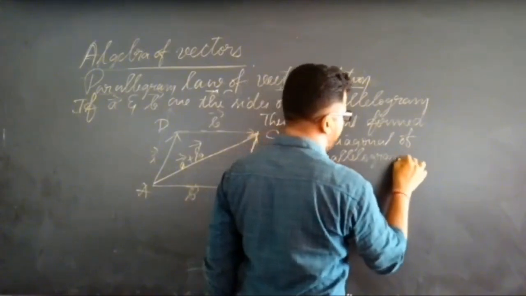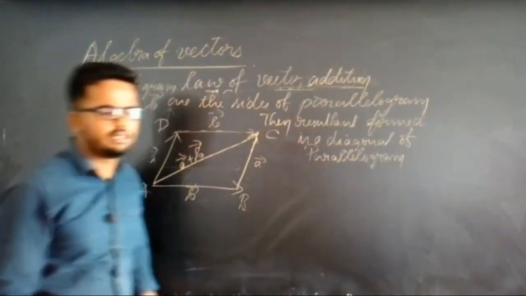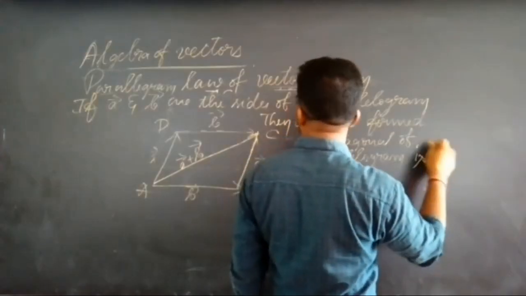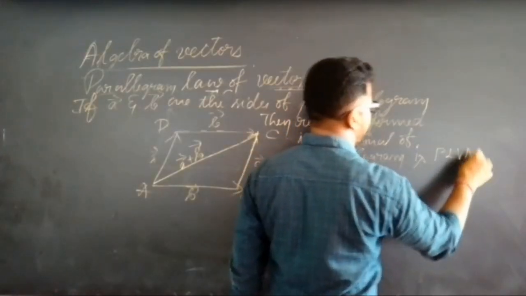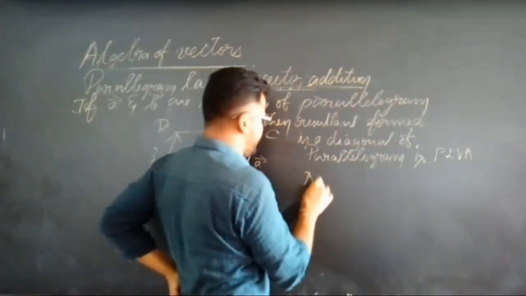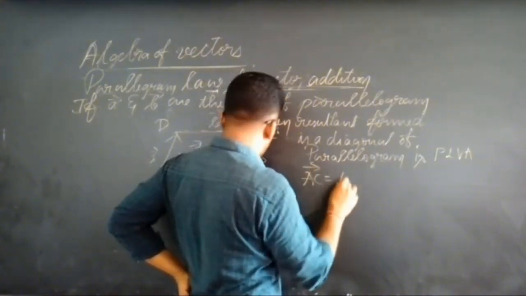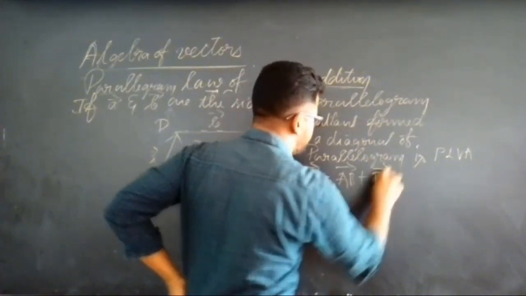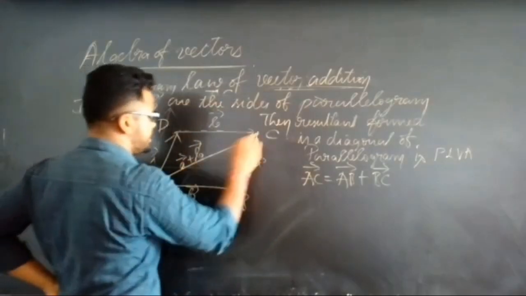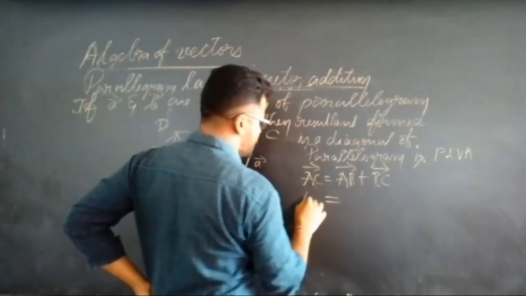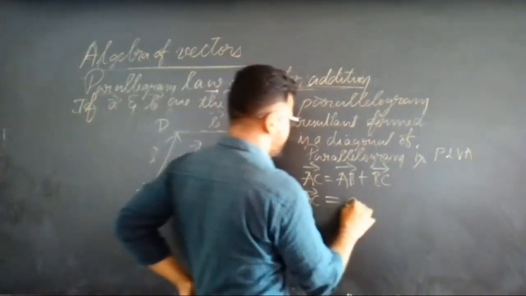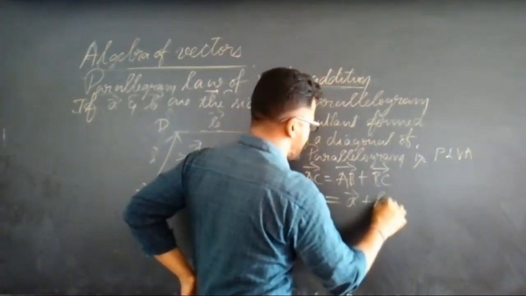This is called the parallelogram law of vector addition. Here not much difference. AC is equal to AB plus BC. So AC is the diagonal.